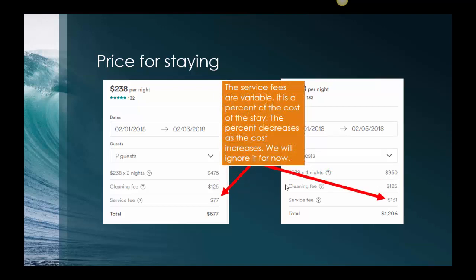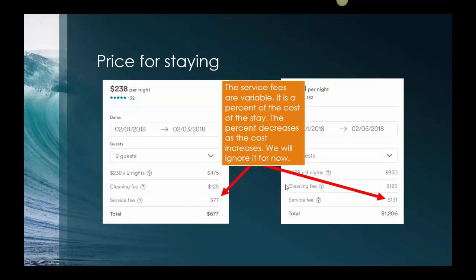Then let's skip down to this next line, service fee. Service fees are variable, but variable way different than when we are looking at the price per night. What happens here is the service fee is a percent of the cost of the stay, but the percent decreases as the cost increases. So the longer you stay, yes, you're paying more money, but a smaller percent. From what I can find, looking at Airbnb, the highest service fees are at about 20%.